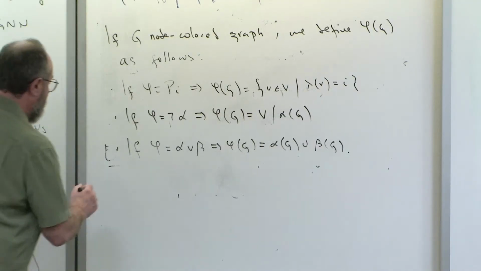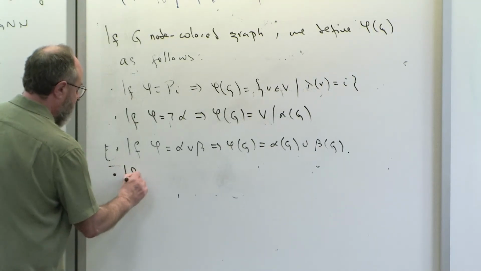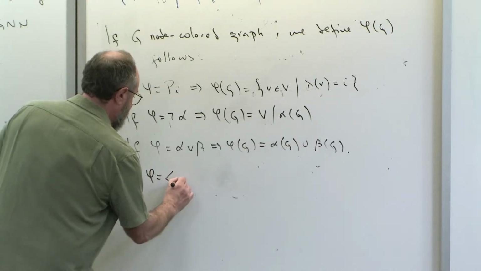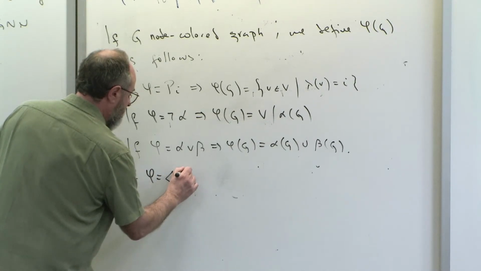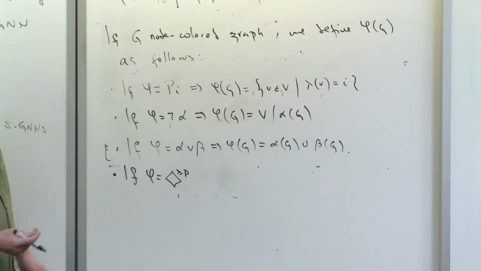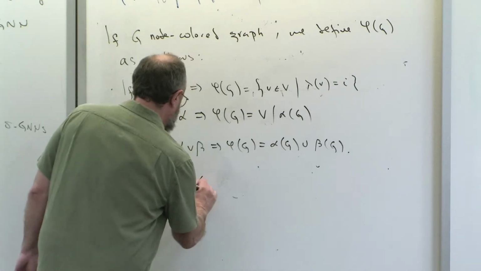And finally, and this is the important bit, if phi is diamond alpha, don't ask me why they use this diamond. I mean, it's a modal logic convention, comes from the 50s, 60s, something.